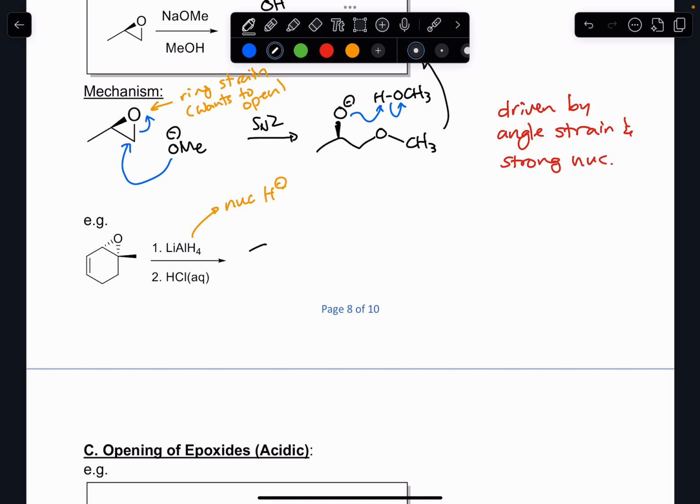And so for the product, maybe stop the video here and see if you can predict it. It's going to look like this. And we want to think about why that's the case by thinking about the mechanism.